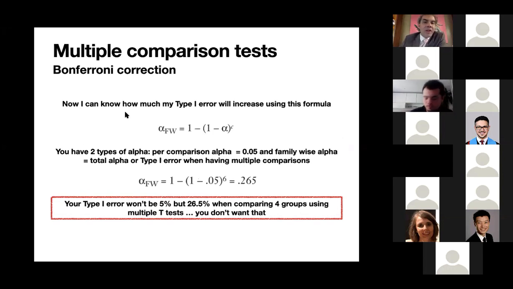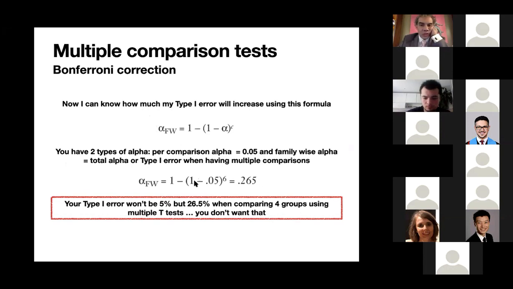So now I can know how much my type 1 error will increase using this formula. This formula is for my family-wise alpha or family-wise type 1 error, which is 1 minus 1 minus alpha, which is 0.05, exponentiated to the number of comparisons, which will be 6.